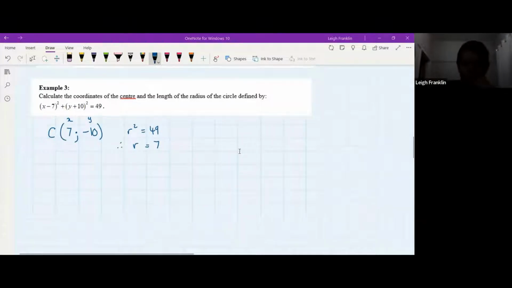Ma'am, when it comes to this type of question for analytical geometry, will there be these type of questions when it comes to prelims or finals, or would it be a little bit more difficult? It's going to be a lot more difficult, Bochepo. But in order to be able to do that difficult work with you, I first need to make sure that we all understand these basic concepts and principles. The questions are going to be a lot more difficult.